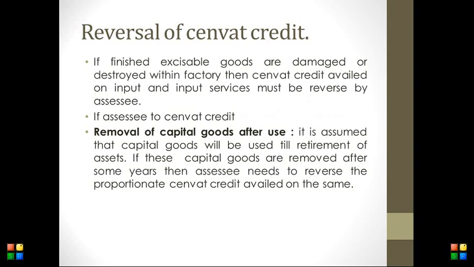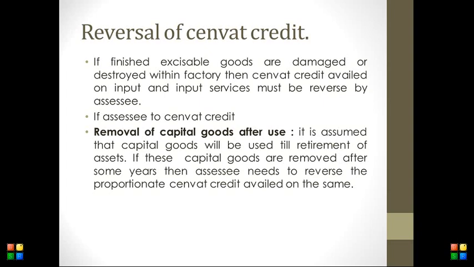Then next one is removal of capital goods after use. It is assumed that the capital goods will be used till retirement of assets. If capital goods are removed after some years, then the assessee needs to reverse the proportionate Cenvat credit availed on them.